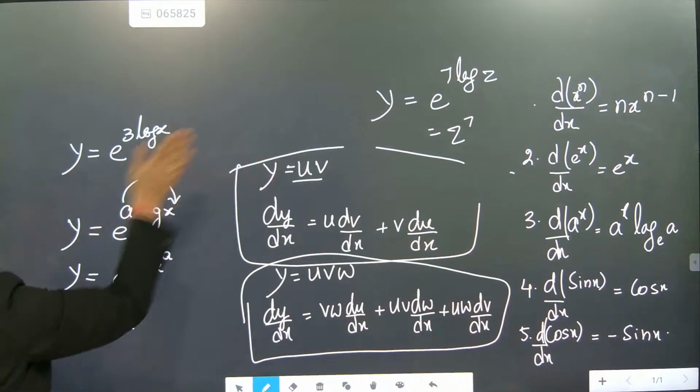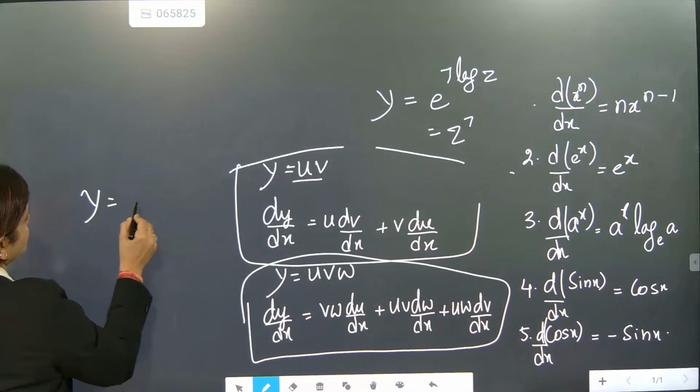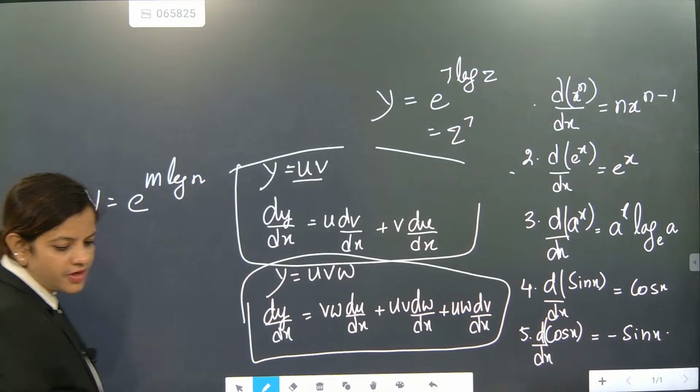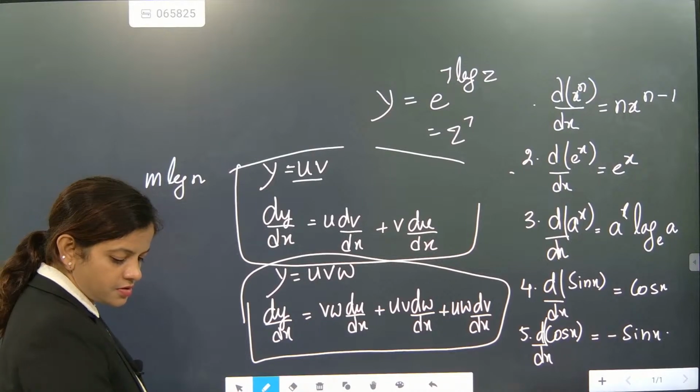Now look here, next part. If somebody gives you y is equal to e to the power m log n, then what answer will come? Come on, say the answer.